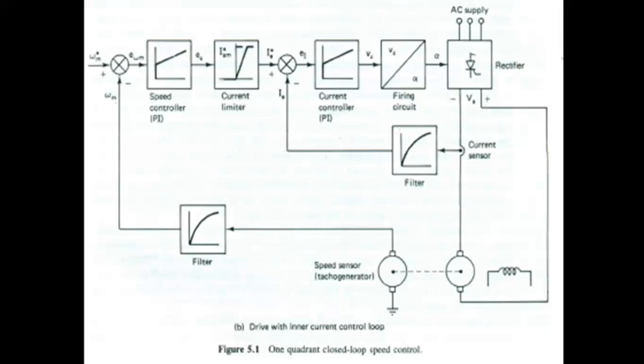When the speed error becomes positive, the charged PI controller will take a longer time to respond. This causes unnecessary delay in the circuit, so the current limiter is arranged to set a zero current reference for negative speed errors.